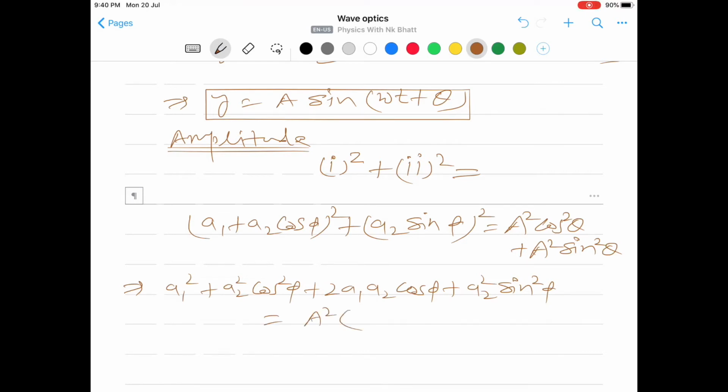Common on the right hand side, so inside the bracket you will have cos square theta plus sin square theta.